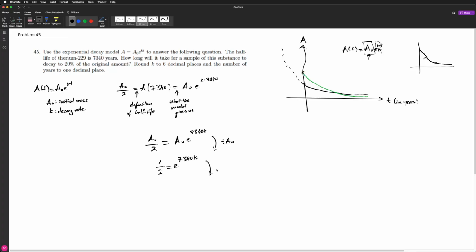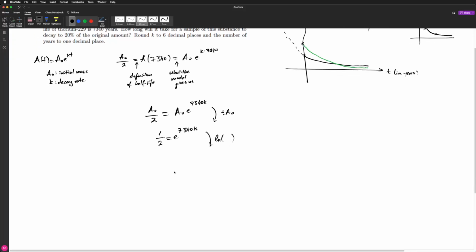How do I do it? I have to bring k down on the ground. And to do that, I'm going to use the inverse function of the exponential function: I take ln of both sides. On the left, I will have ln of 1 over 2. On the right side, I will have ln of e to the power 7,340 times k. But here's the thing, ln of e to anything is that anything, because ln computes what's the power you need to raise e to get what's inside.